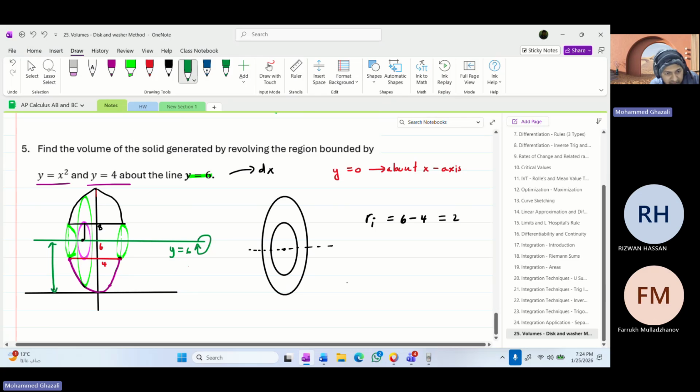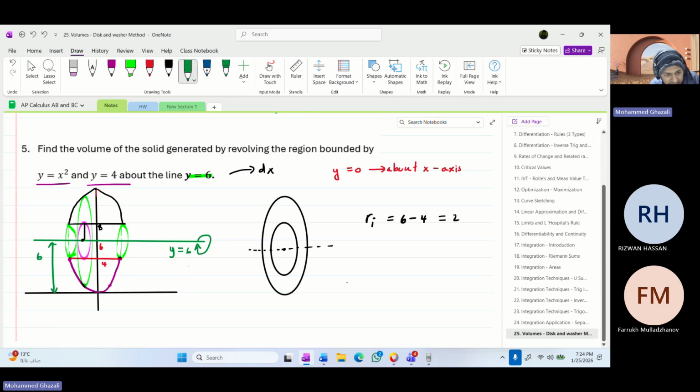The entire distance from here to there is 6. But now see where the graph is touching there. What's the height over here? Y, correct. The entire distance from the line 6 to the horizontal x-axis is 6, and this point over here is y.